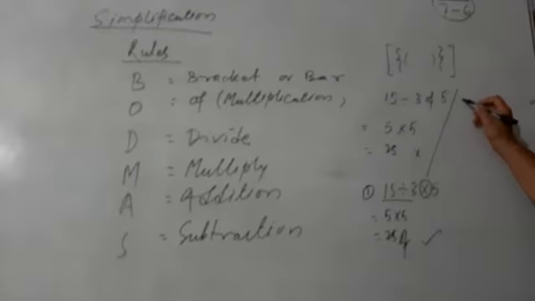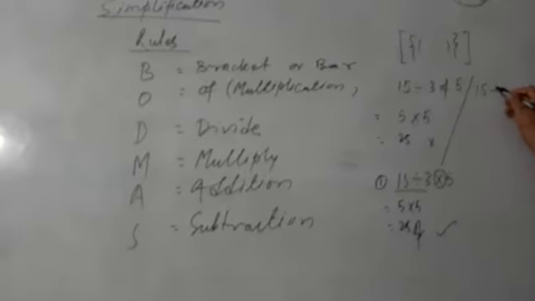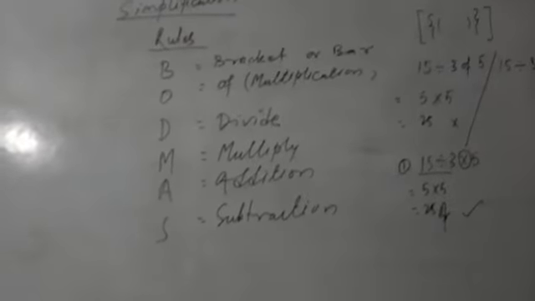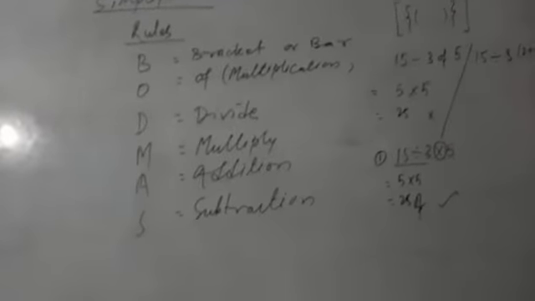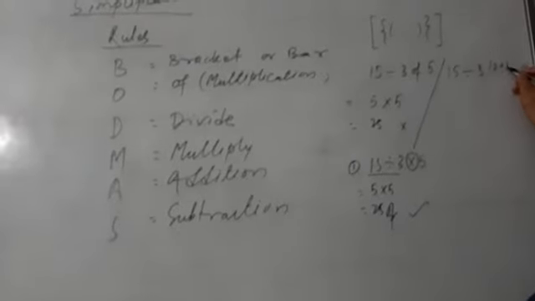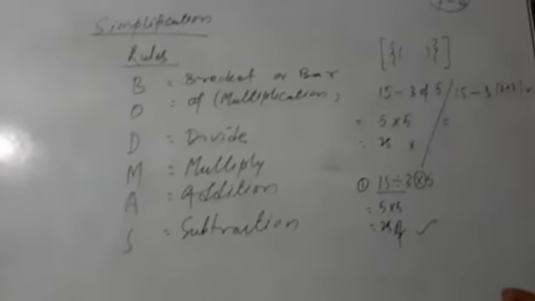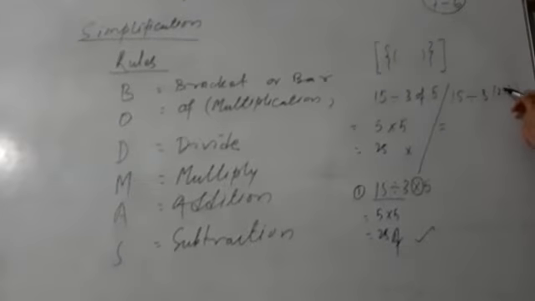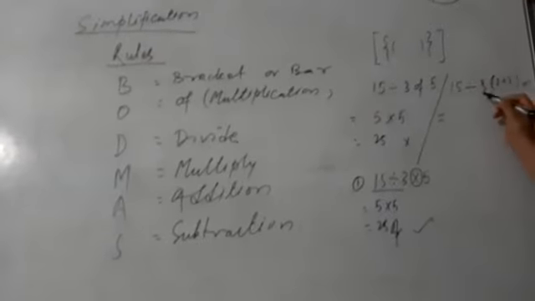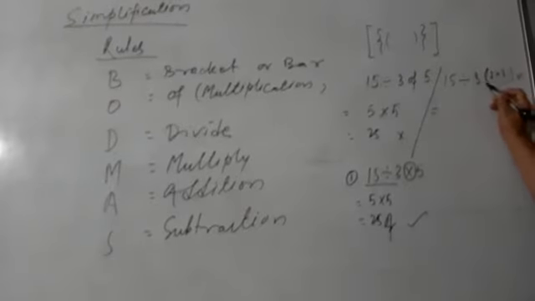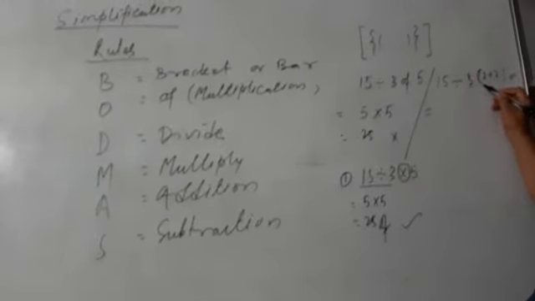See this example, sometimes of is given like that: 15 divided by 3 of 5. In this simplification there is a small bracket, and we open the small bracket first.